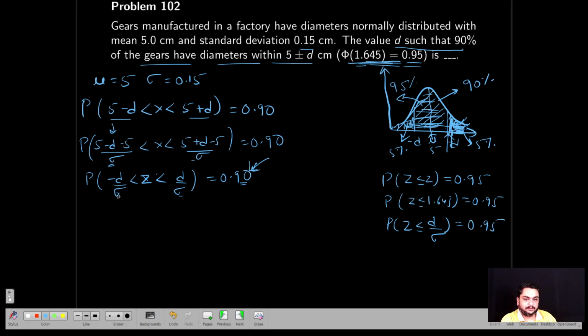This is the same as this, because this is the standard definition of the CDF of the normal distribution. So you can write it like this or like this, based on the symmetric property. So now I'll write Z less than or equal to D by sigma is equal to 0.95. If you calculate, you'll get the same. Both are the same actually.